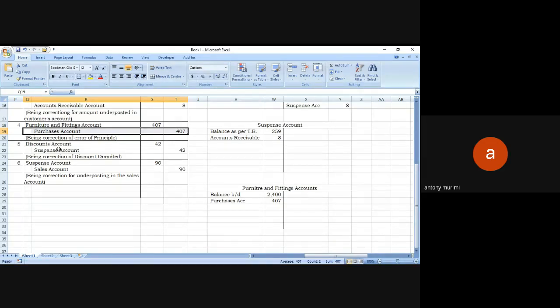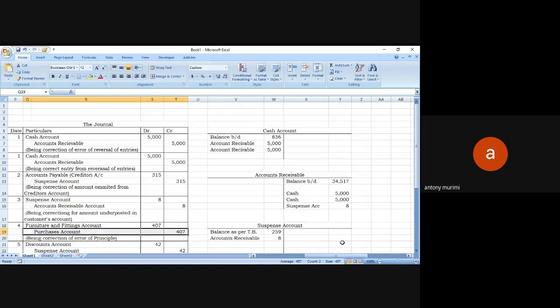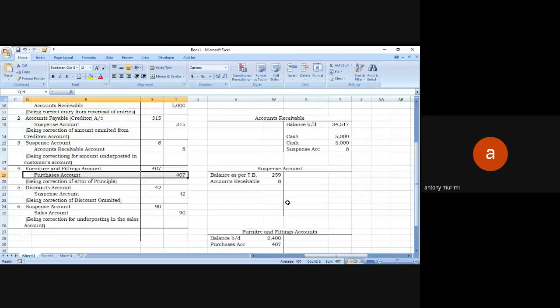This is an expense account. We don't have the details of the account anywhere. What we have in our question is a balance sheet only, and you all understand that the balance sheet doesn't have expenses and revenues. So you don't have the balance brought forward for purchases and other expenses. As such, for purchases and other expenses and revenues, we shall not open the accounts here in the corrections.